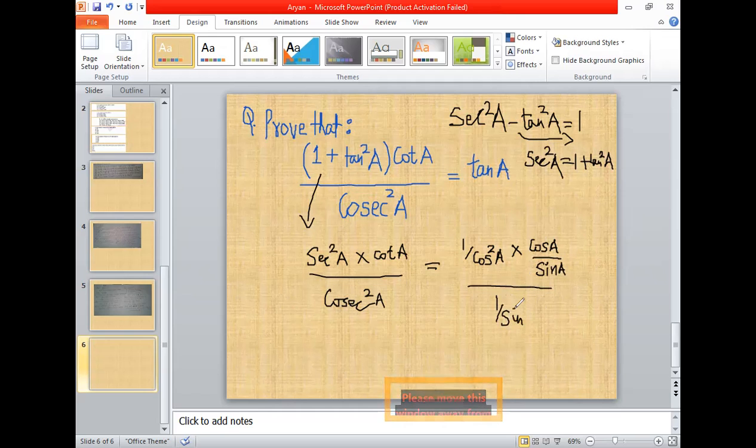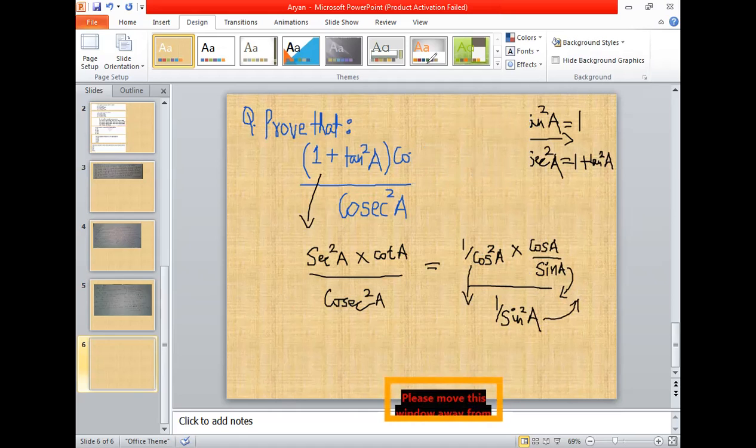Now you just have to arrange it and you will get the result which we have to prove on the right hand side. So this cos square a will come to the denominator, this sin a will come to the denominator, and this sin square a will go to the numerator.